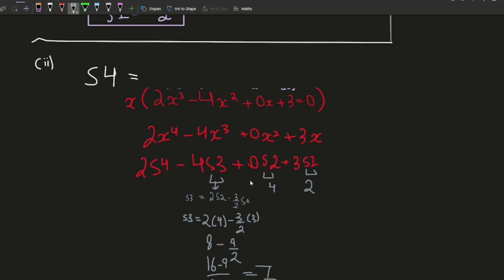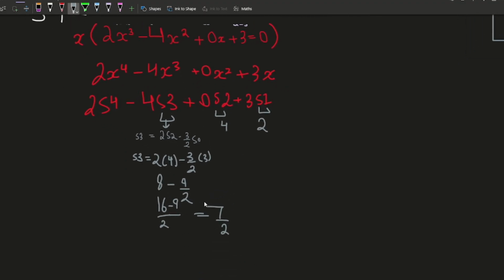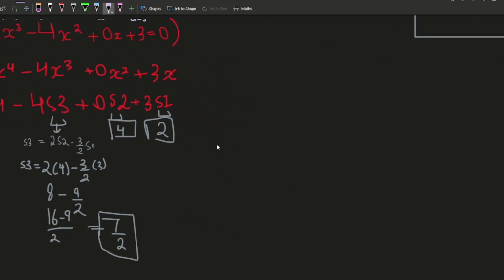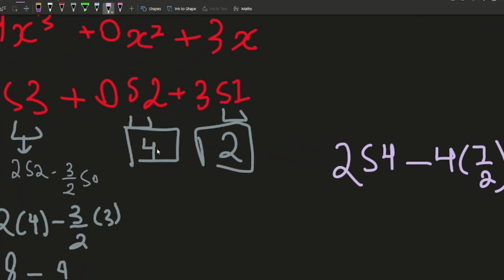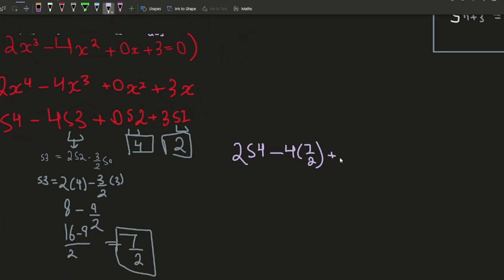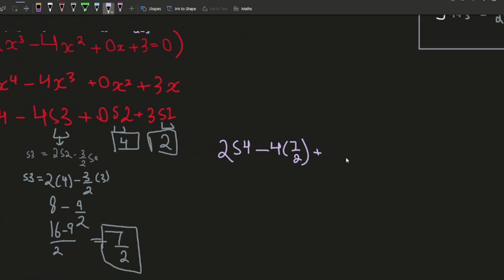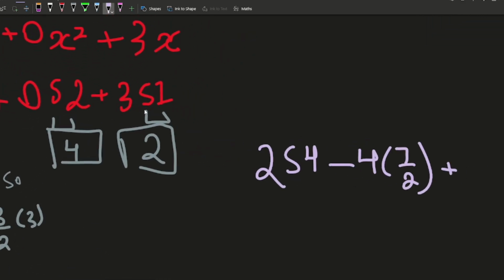Now let's input this value of S3, S2, and S1. So 2S4 minus 4, 7 over 2 in place of S3 plus, okay, 0 is being multiplied by 4, so this will be equal to 0, so let's not write that. Now S1, which is 2, is being multiplied by 3, this will be 6.